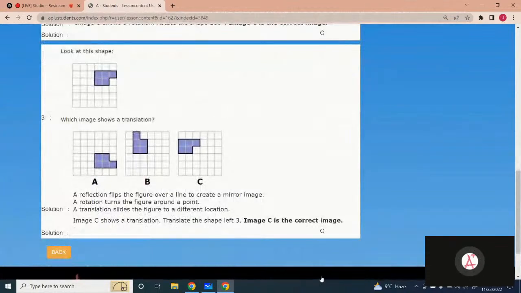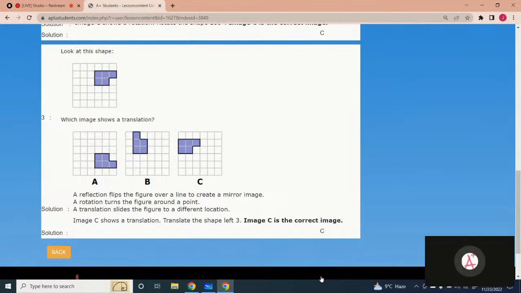Look at this shape. Which image shows the translation? A reflection flips the figure over a line to create the mirror image. A rotation turns the figure around a point.